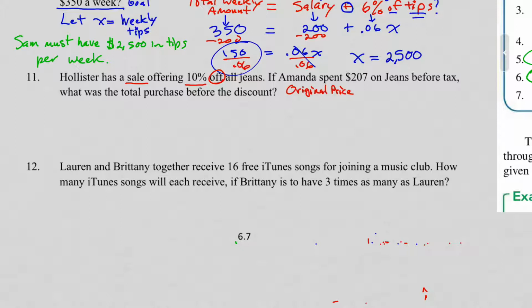So the original price, you subtract whatever the discount is. So it's 10% off. So what they do at the register is subtract that sale off. So that is going to be 10% off. Okay. And that is what she's going to pay at the register. Okay, or the amount spent.